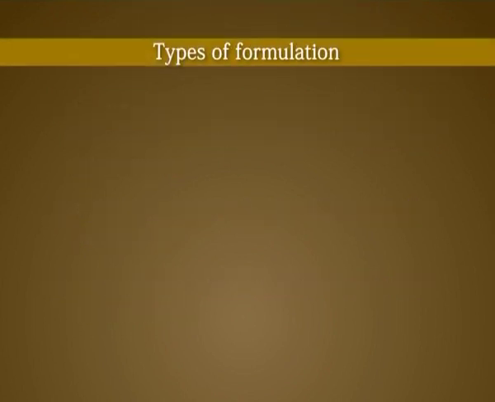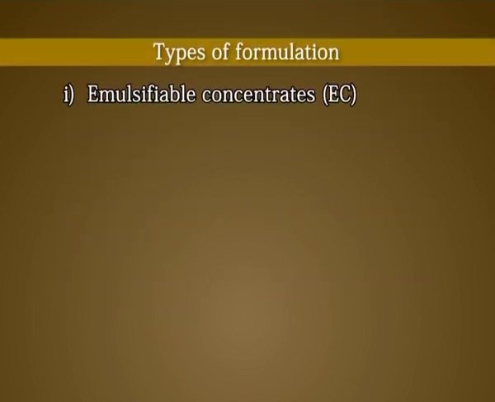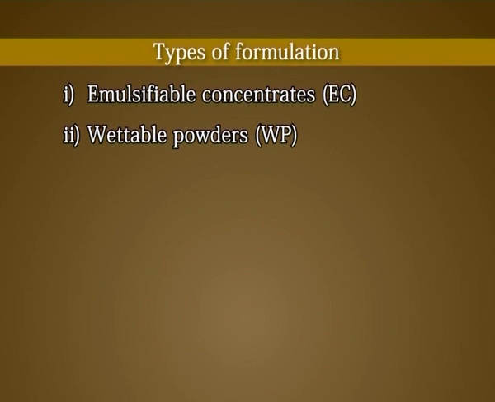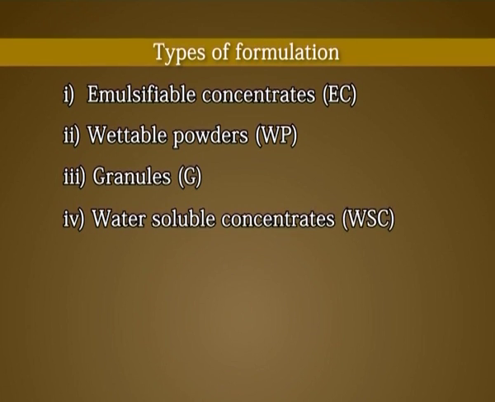Types of formulation: number 1, emulsifiable concentrates denoted as EC; number 2, wettable powders denoted by WP; number 3, granules denoted by G; number 4, water-soluble concentrate WSC; and number 5, pellets denoted by P.